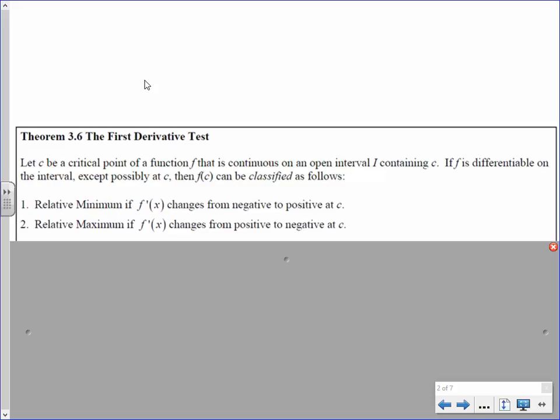It really is not any more work than what we did yesterday. We're just identifying an extra piece of information from yesterday.